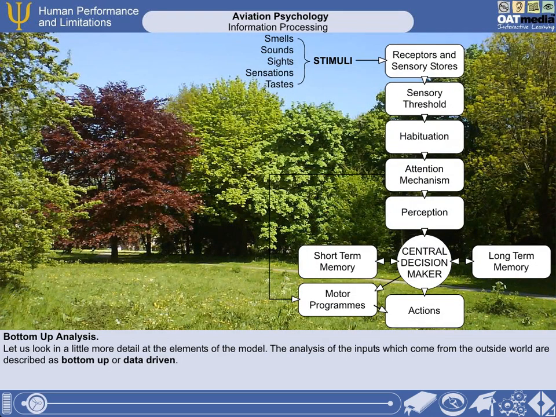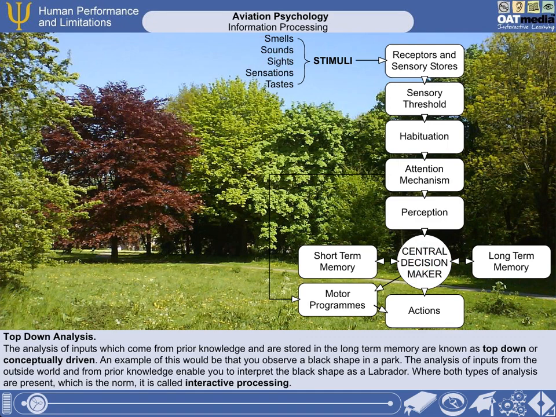Let us look in a little more detail at the elements of the model. The analysis of the inputs, which come from the outside world, are described as bottom-up or data-driven. The analysis of inputs, which come from prior knowledge and are stored in the long-term memory, are known as top-down or conceptually driven.